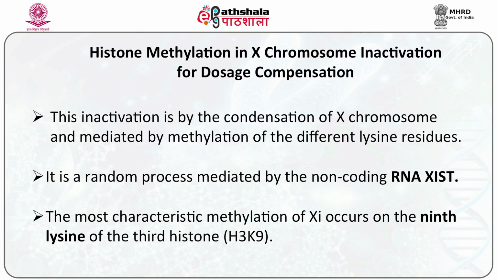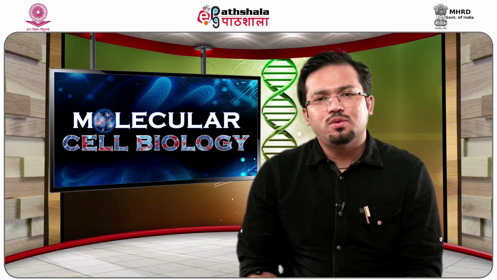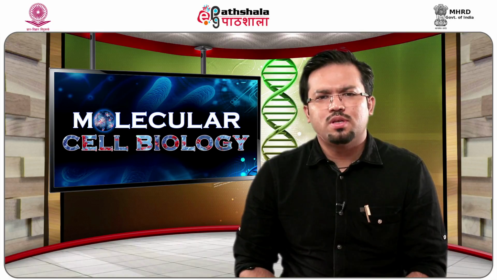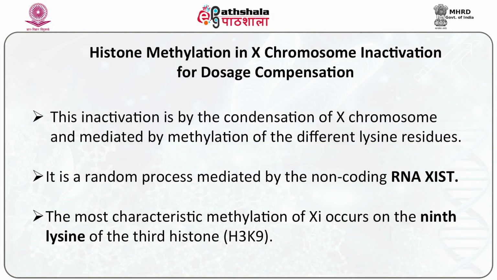This inactivation is brought about by the condensation of the X chromosome and mediated by methylations of different lysine residues of different histones. X chromosome inactivation is a random process and mediated by a non-coding RNA, Xist. Although methylation of lysine residues occurs on many different histones, the most characteristic occurs on the 9th lysine of histone H3, that is, H3K9.